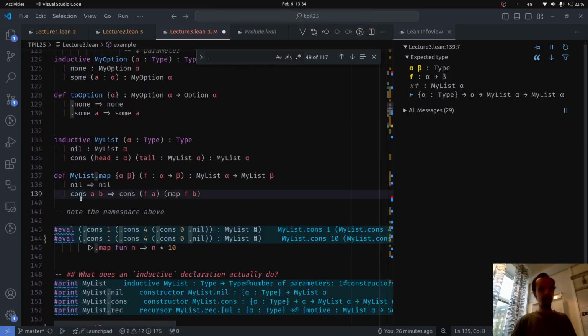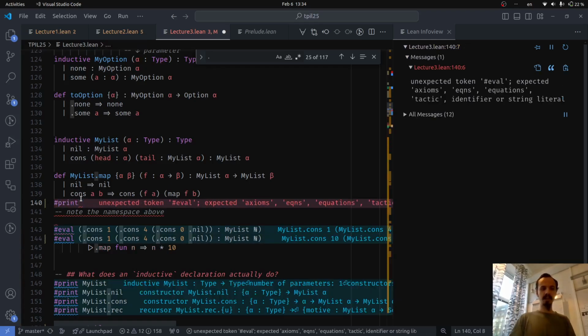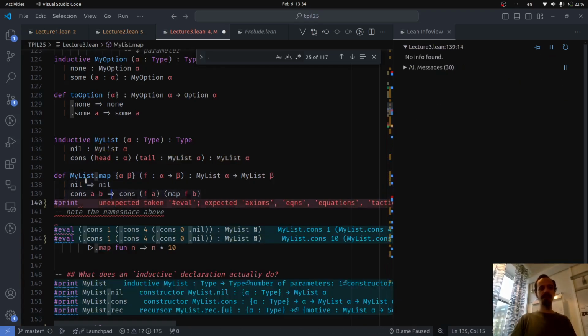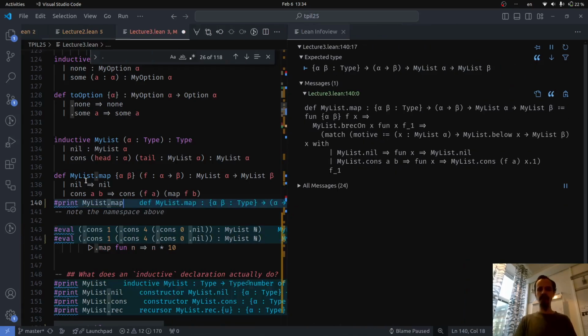Pattern matching, and we can actually demonstrate this. If we look at my list map, we're going to see that my list map was actually compiled down to something else. That is to say, during elaboration of this declaration, it figured out how to make a non-recursive definition.